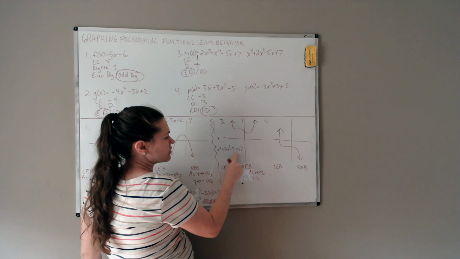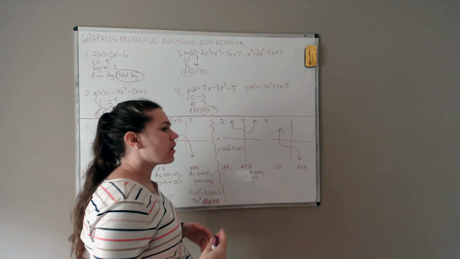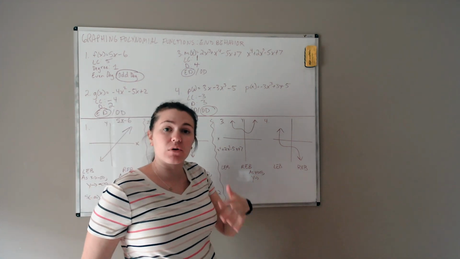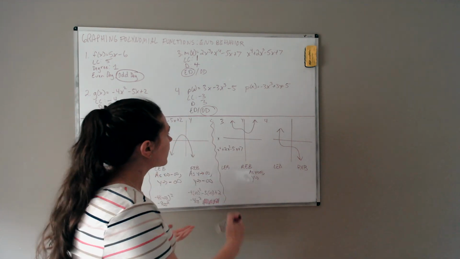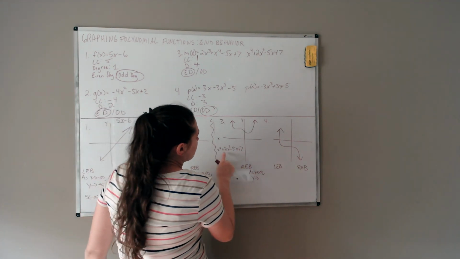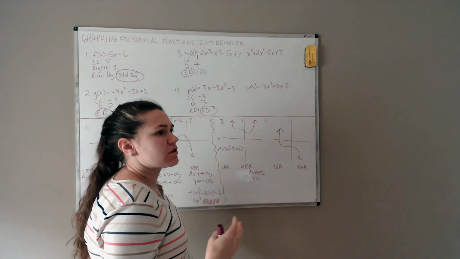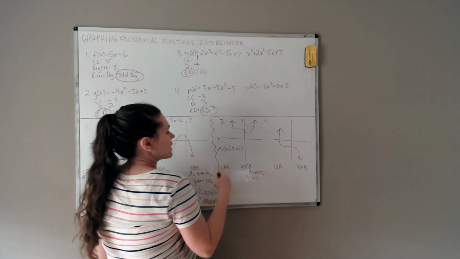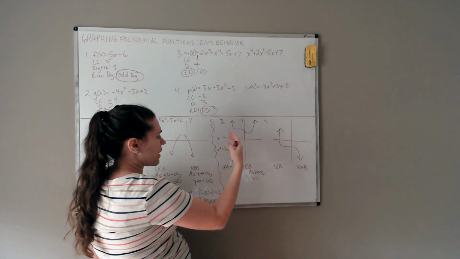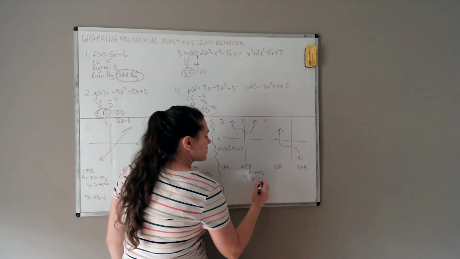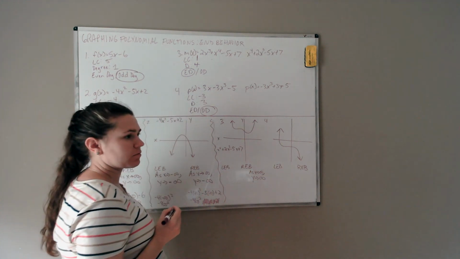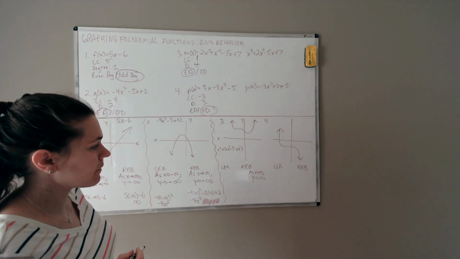These other terms don't really matter when you're plugging in a massively large number going towards infinity, because these would be almost zero compared to the value of infinity to the fourth. So if I take infinity and raise it to the fourth power, is it going to be a positive number or a negative number? It's going to be positive.